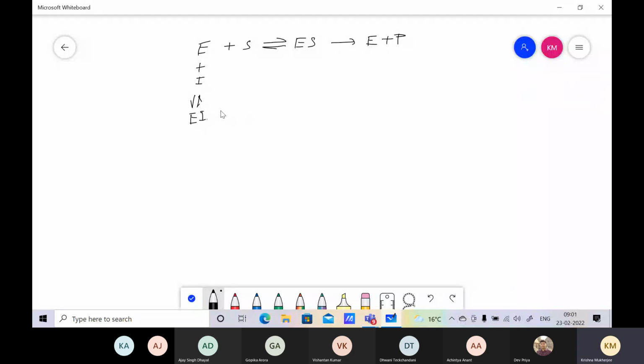And this may well combine with S again to form EIS, and ES may well combine with I to form EIS, and this may also give EI plus P.